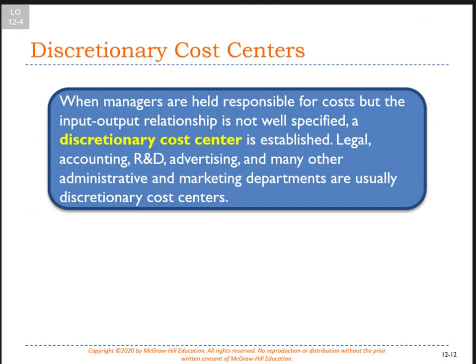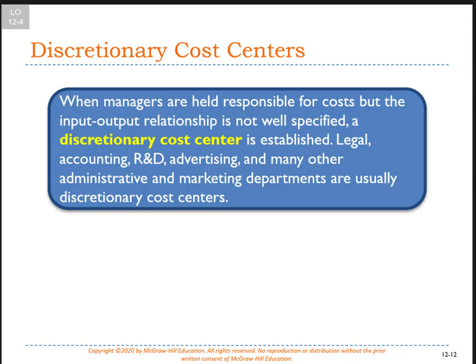Now, outside of production, we call this a discretionary cost center. These are legal, accounting, that sort of thing, research and development. These pieces are not a production output. We don't measure the output of accounting or how much input comes into it.